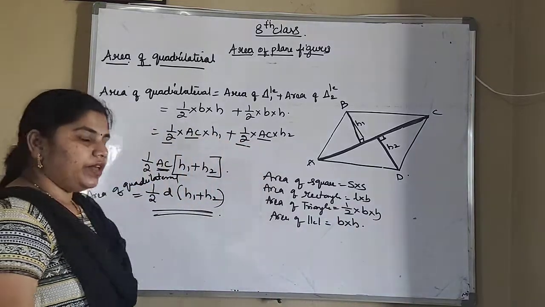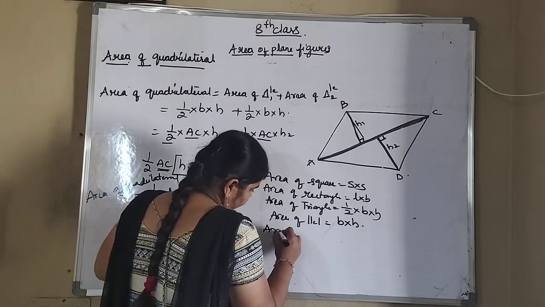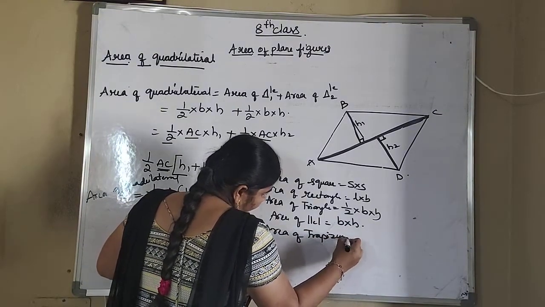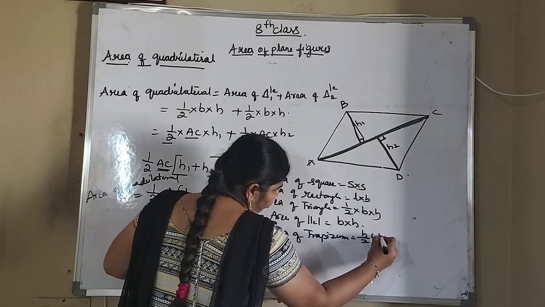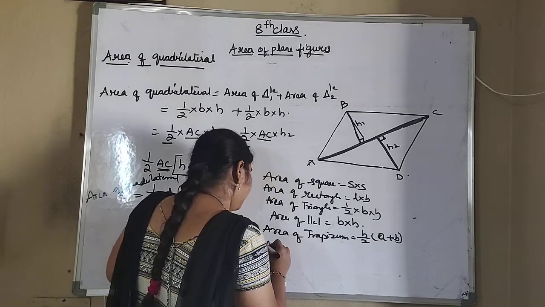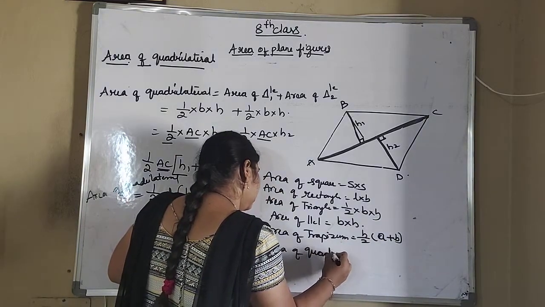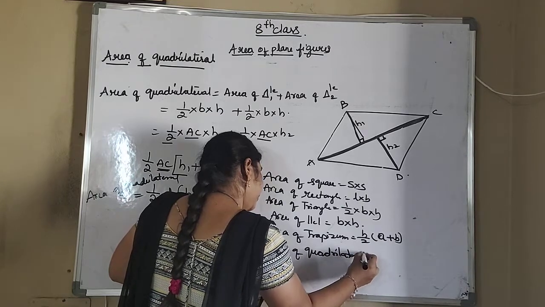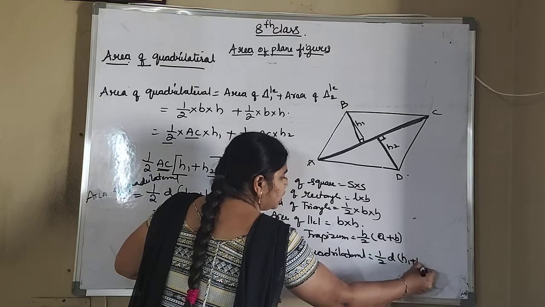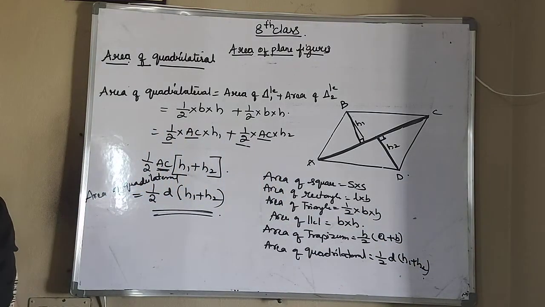Today we have learned 2 more formulas: area of a trapezium is H by 2 into (A plus B), and area of a quadrilateral is half D into (H1 plus H2). So in total, we now know 6 formulas.